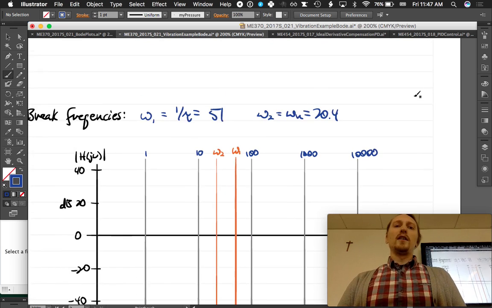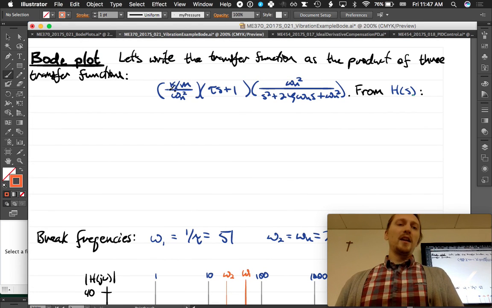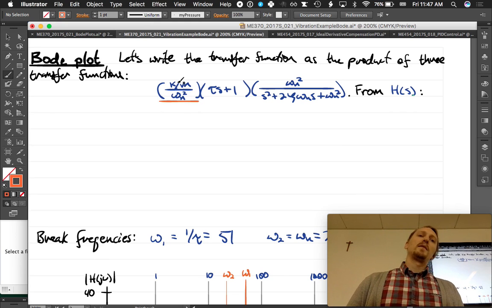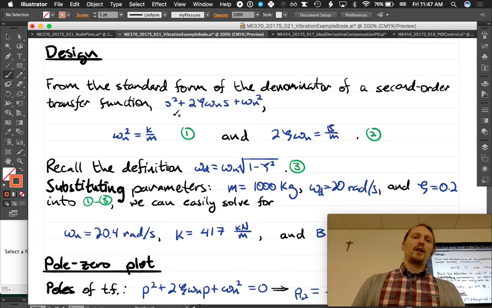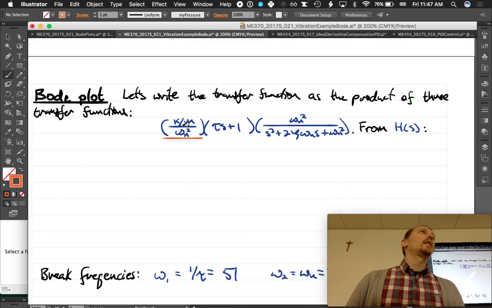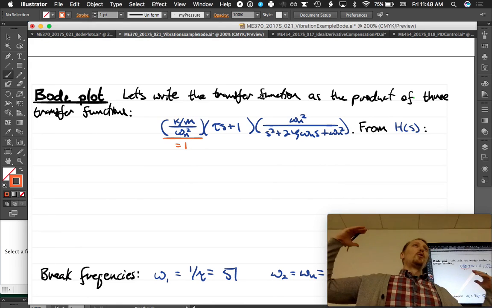The first thing to know, oh yeah, I forgot to mention this. Let's plug in. Do you guys remember, K was equal to m omega n squared, right? Remember that from way up here? Actually, K over m is just omega n squared. So if you look up here, K over m is omega n squared, and it's divided by omega n squared. So what is this equal to? 1. Sweet.